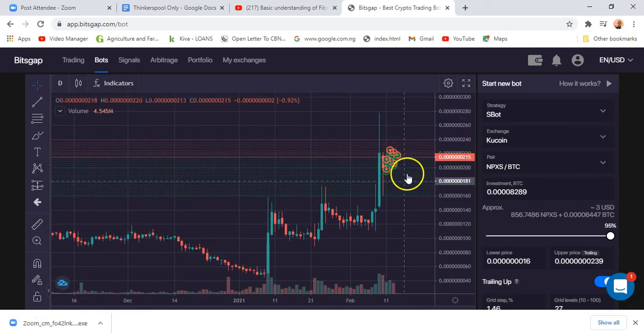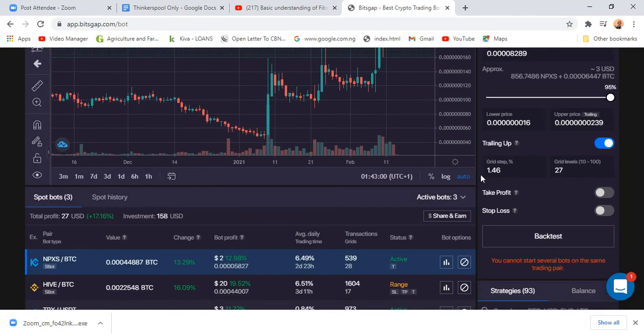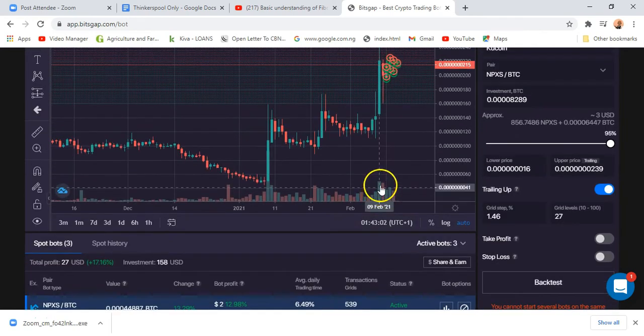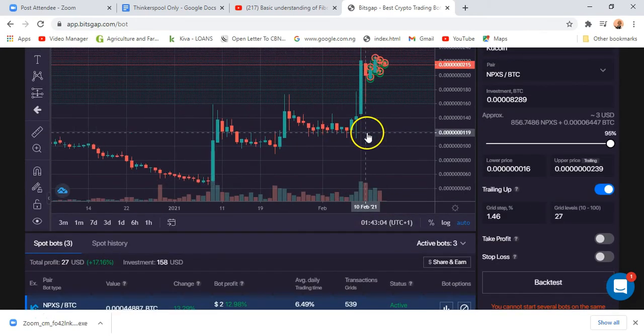So if you pay attention to this, it has been ranging around this point for quite some days now. Okay, and I'm much comfortable with that. So you want to focus on a ranging pair, not a pair that is on a downward or upward trend. So you have to be careful with that.